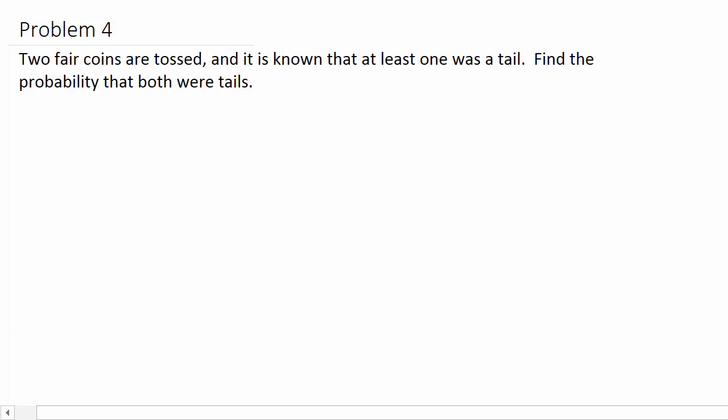And let's take a look at one more. Alright, so two fair coins are tossed, and it is known that at least one was a tail. Find the probability that both were tails. So this at least one was a tail, we're going to let that be event E, and find the probability that both were tails.